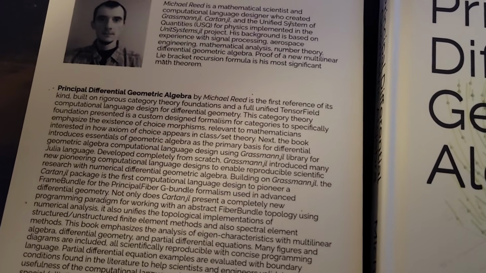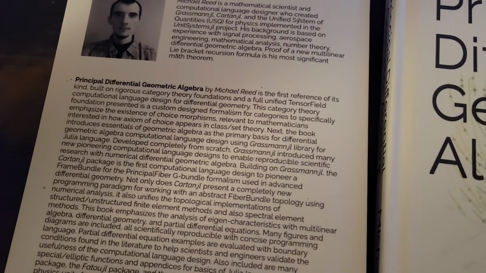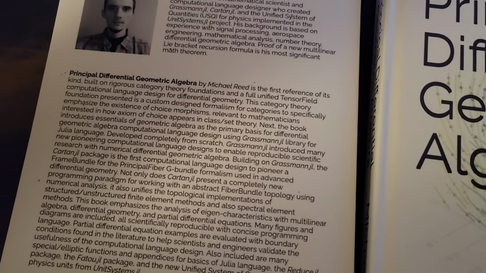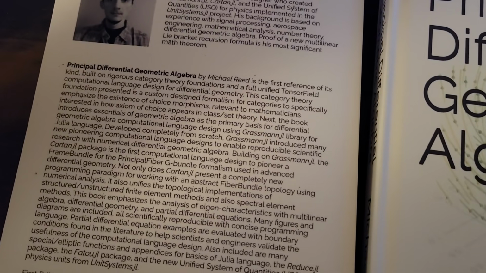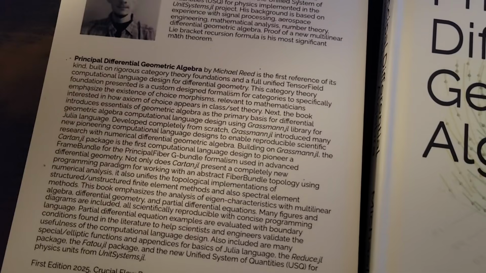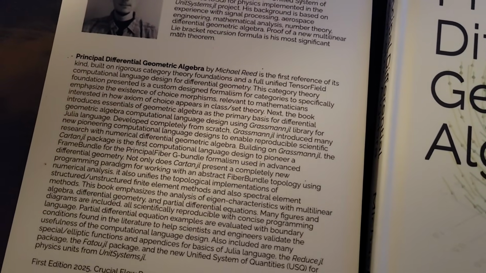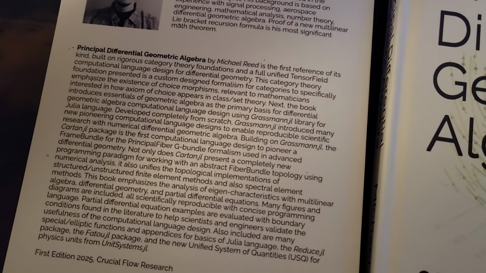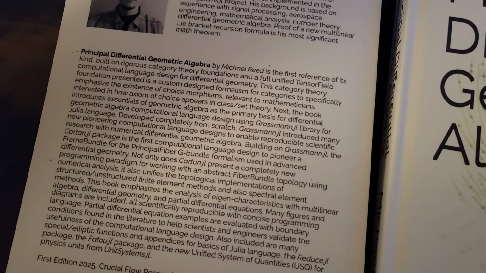Principal Differential Geometric Algebra is the first reference of its kind, built on rigorous category theory foundations and a full unified TensorField computational language design for differential geometry. This category theory foundation presented is a custom designed formalism for categories to specifically emphasize the existence of choice morphisms, relevant to mathematicians interested in how the axiom of choice appears in class and set theory.